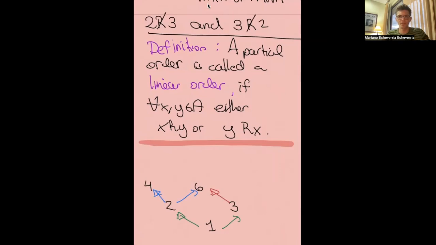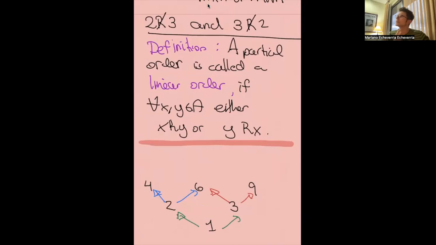Obviously they divide a lot more numbers; I'm just trying to show you a fragment of what we're looking at. But 2 and 3 neither divides the other, so you cannot draw arrows connecting them.